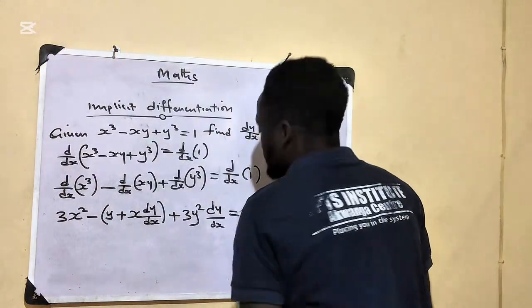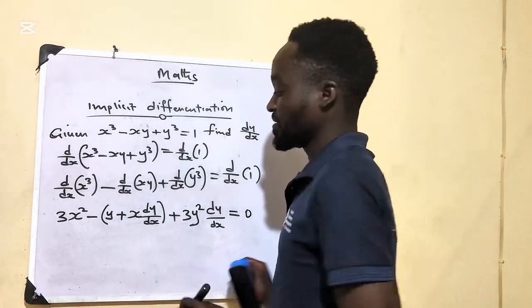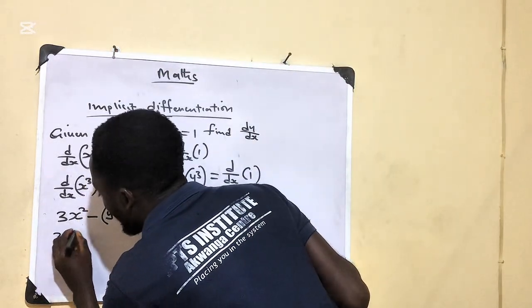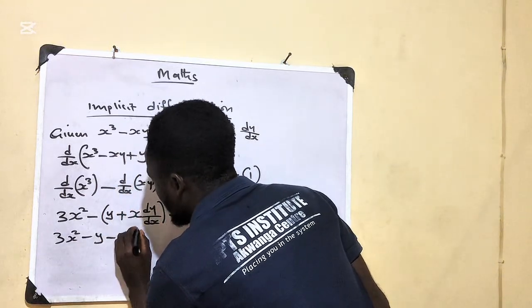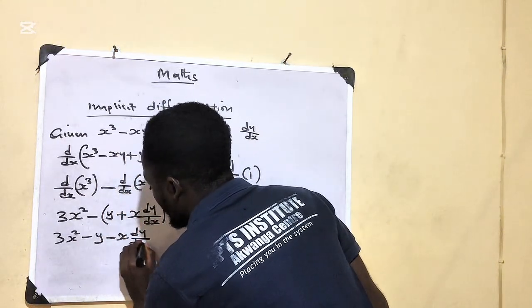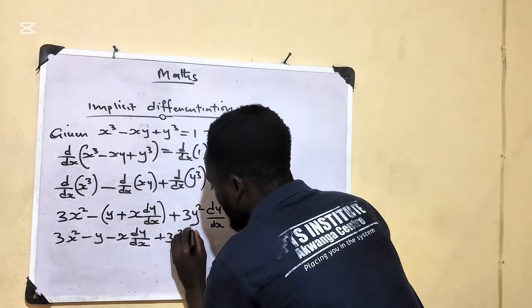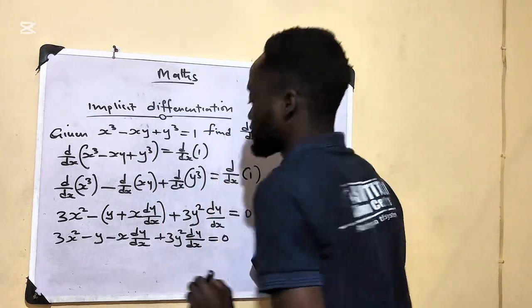So this becomes 0, alright? So this is what we have here. Now I want to open this bracket so that I will distribute this minus sign. So if I do that, I will have 3x squared minus y minus x dy/dx plus 3y squared dy/dx is equal to 0.